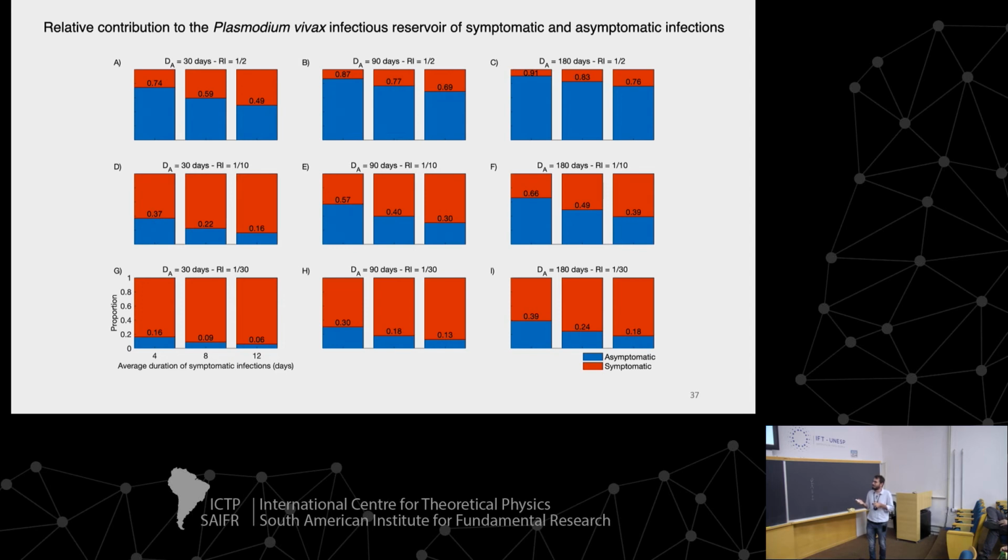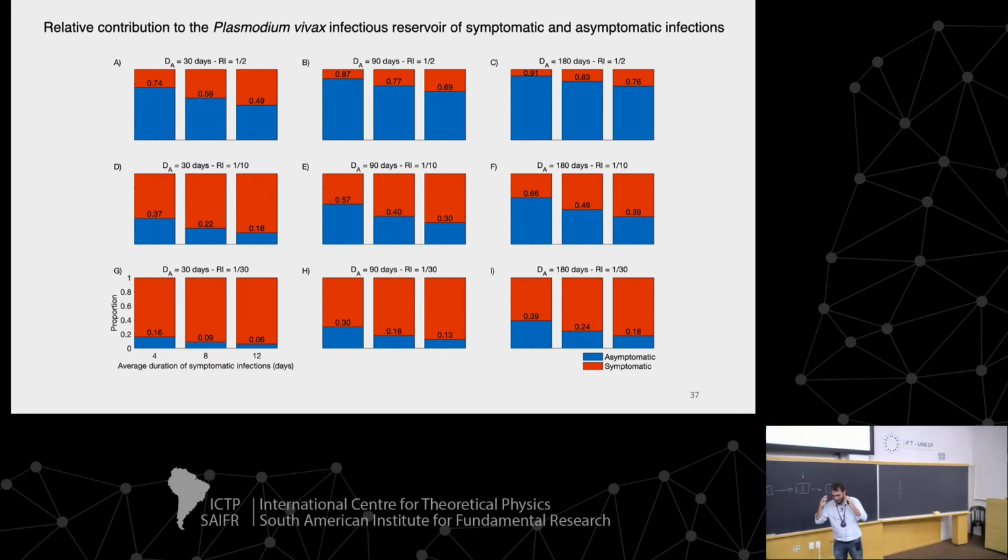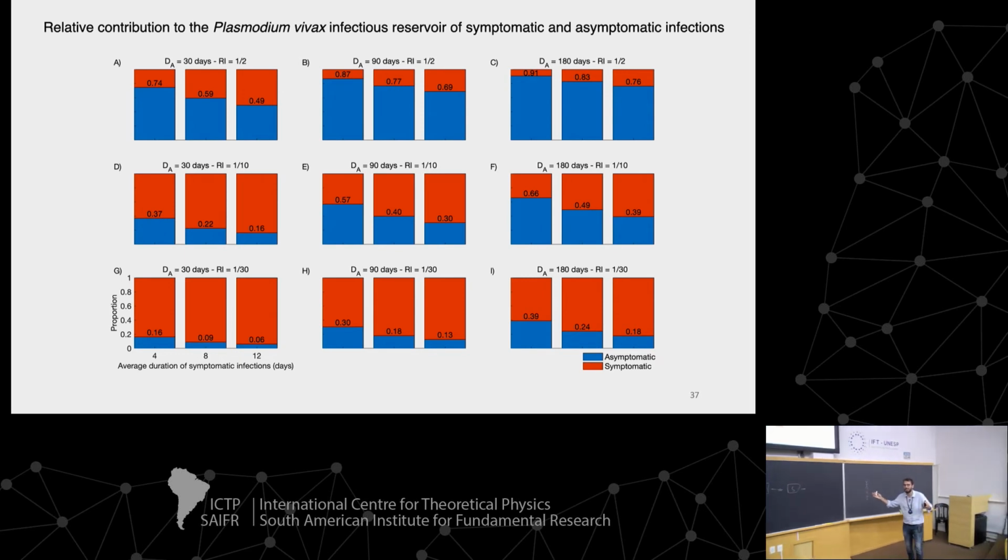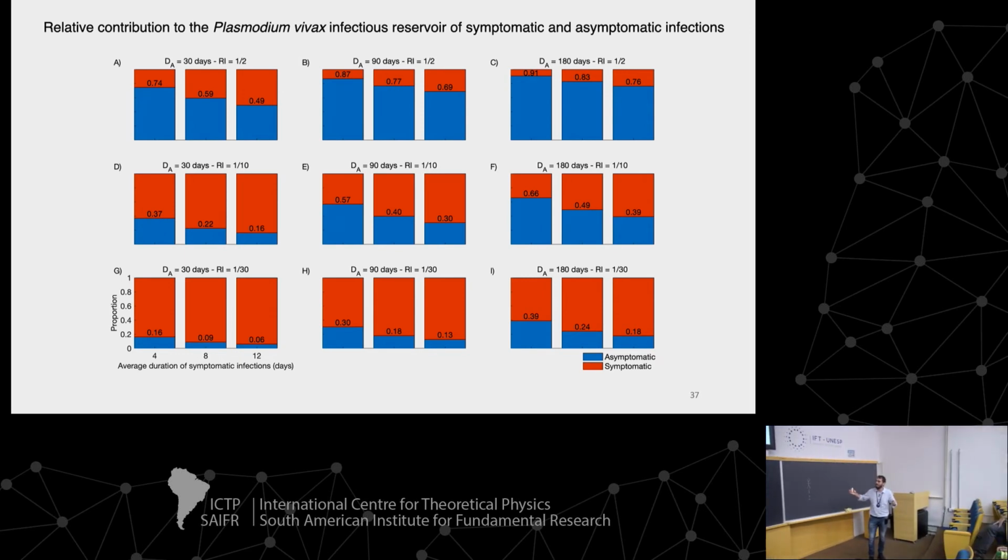But those values, 1/3, 1/10, half, and 30 days, 90 days, and 180 days, are not out of the range that we saw in many studies, which means that we cannot neglect asymptomatic infections. There are possibilities that they are contributing a lot to the whole transmission.